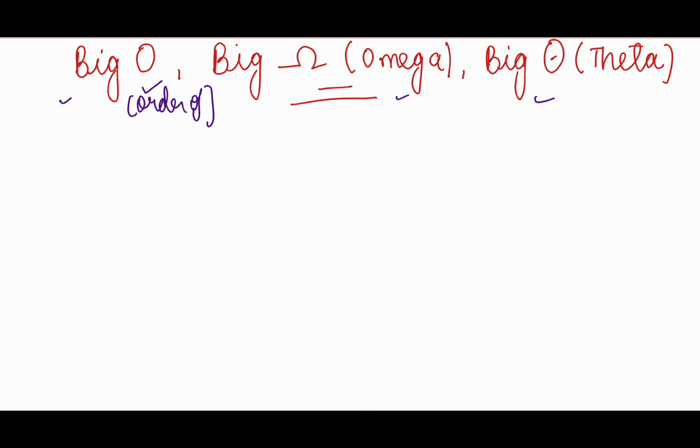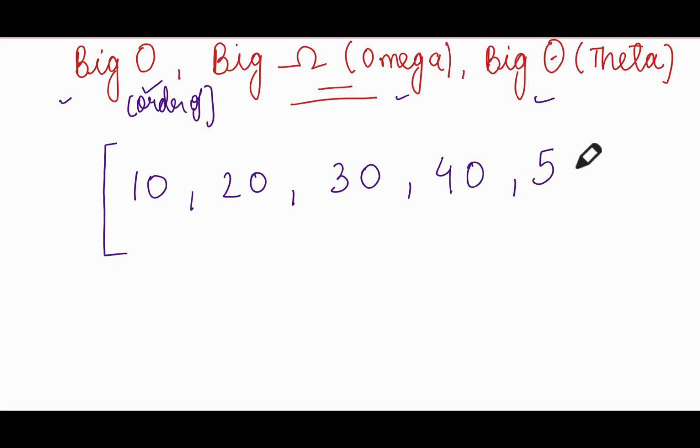Let us assume for this scenario we have a list of 5 elements. Let us say this is 10, this is 20, this is 30, this is 40, and this is 50.